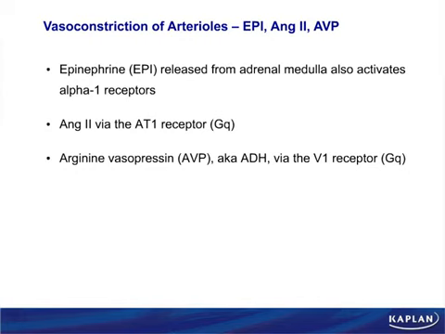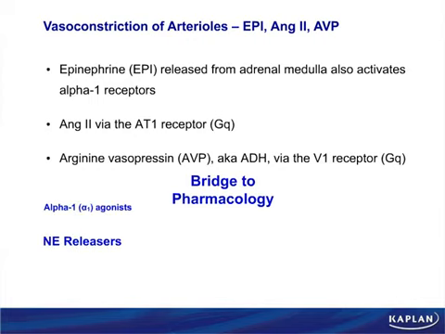All right, let's put a little bridge to pharmacology and think about vasoconstriction and blood pressure going up. We have norepinephrine binding to alpha receptors. That is a major player in regulating it, so think of your class of drugs, right? We have drugs like alpha-1 agonists that are going to make blood pressure go up because they vasoconstrict. Can you think of any?